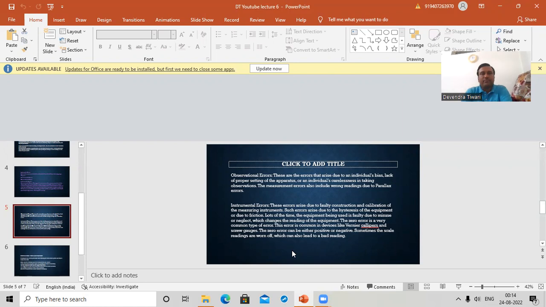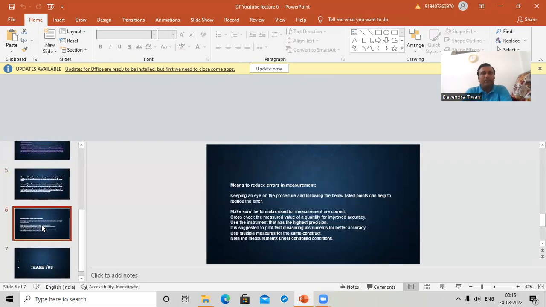The zero error is a very common type of error. This error is common in devices like vernier calipers and screw gauge. The zero error can be either positive or negative. Sometimes the scale readings are worn off, which can also lead to a wrong reading.